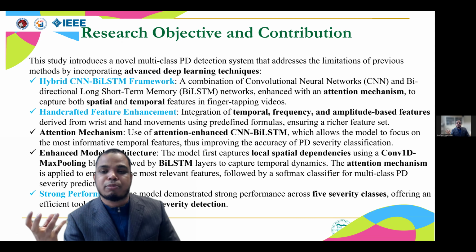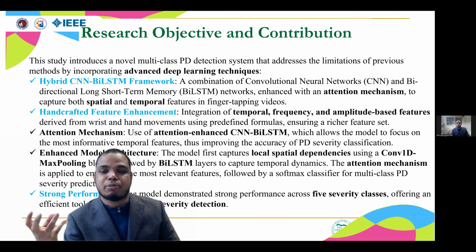We also focus on handcrafted features because doctors always try to learn some pattern that helps them easily understand based on patient symptoms and several kinds of features. So this is our contribution: mainly enhancing the handcrafted features using the hybrid deep learning network.